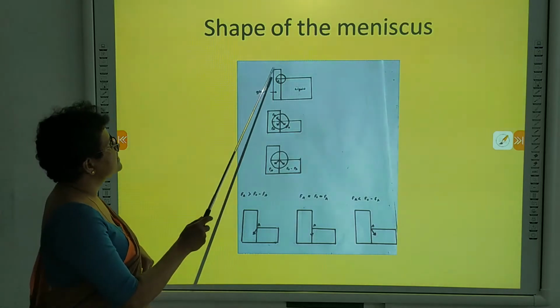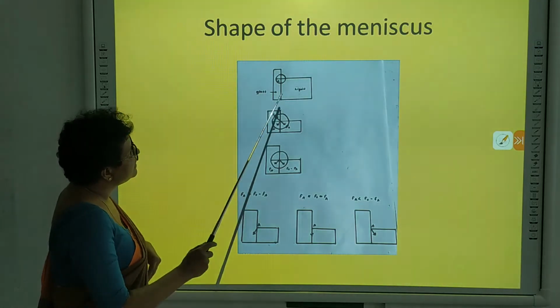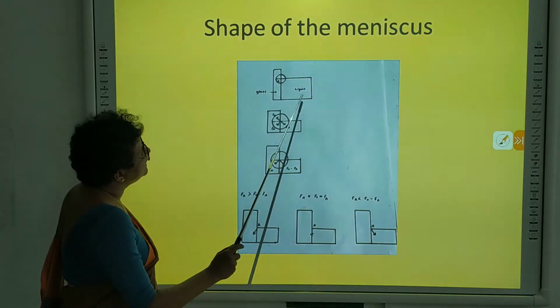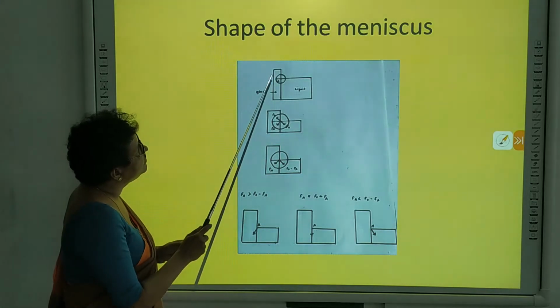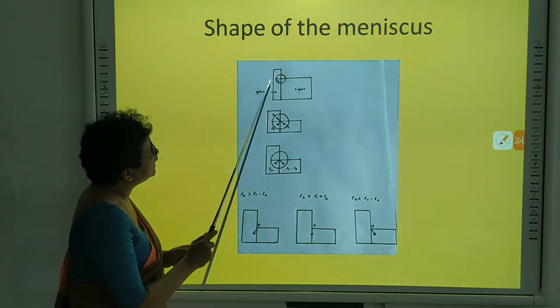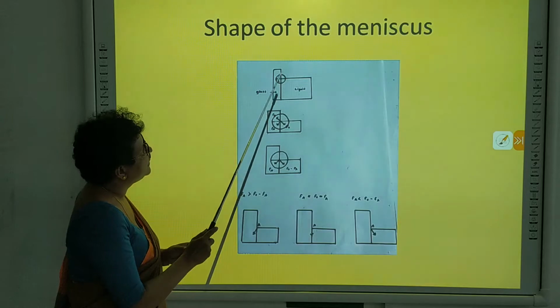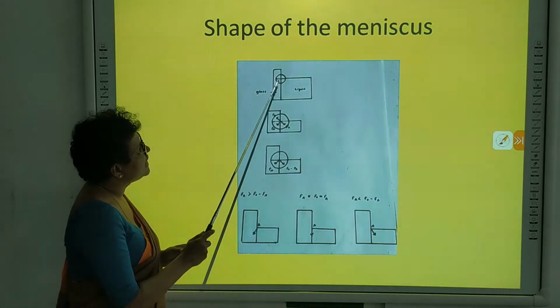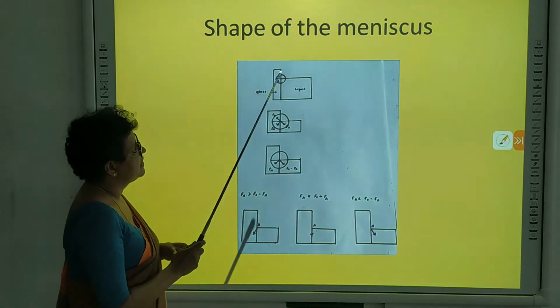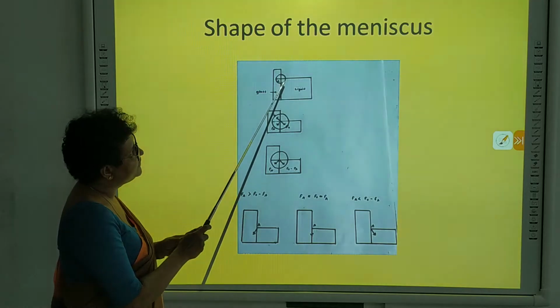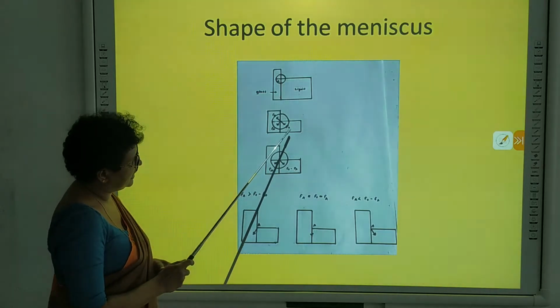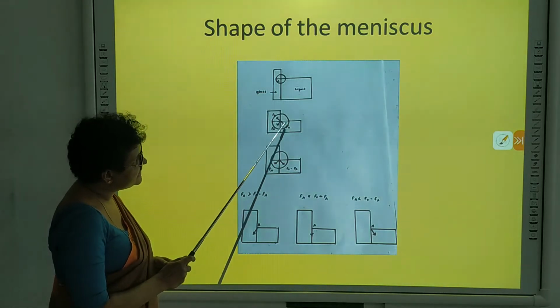Now see, this is the beaker wall, glass, and this is the liquid. Here a molecule like this, A, is a molecule. Now this part is liquid and these two parts are solid and this is air. So you have here cohesive force Fc, 45 degrees to the surface.